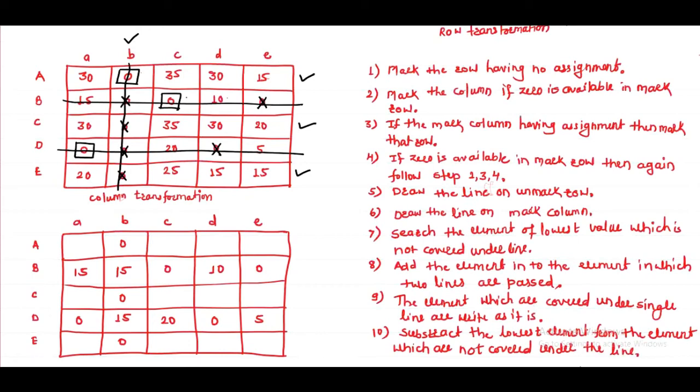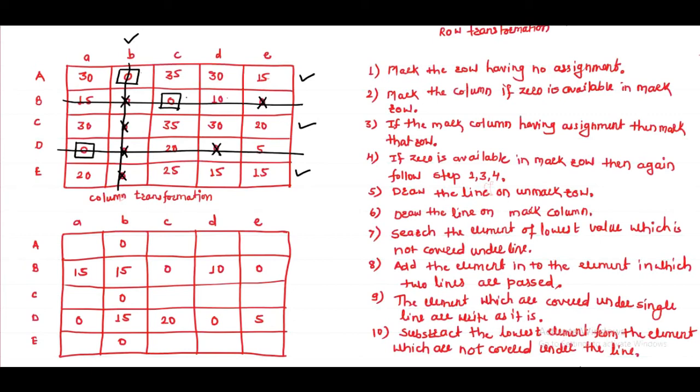So by using the 10th step, subtract the lowest element that we found from the 7th step from the elements which are not covered under the line. So which are the elements? These are 30, 35, 30, 15, 30, 35, 30, 20, 20, 25, 15 and 50.